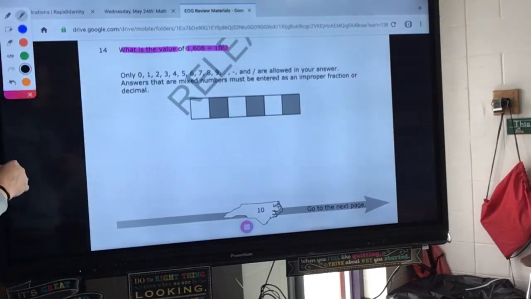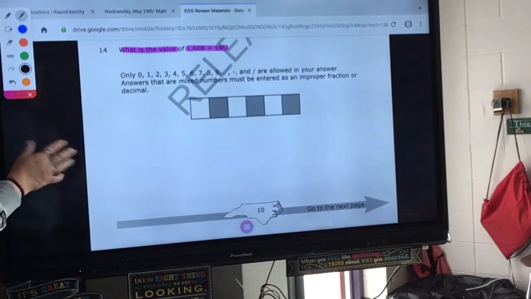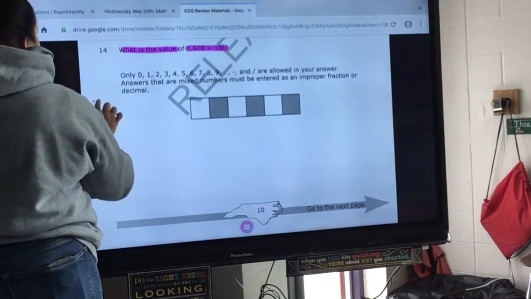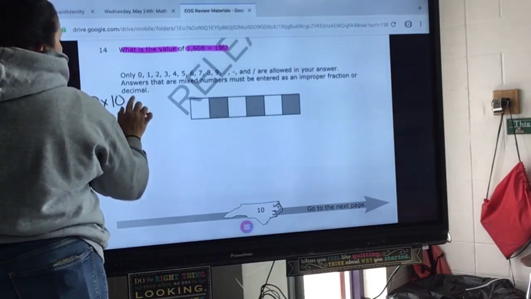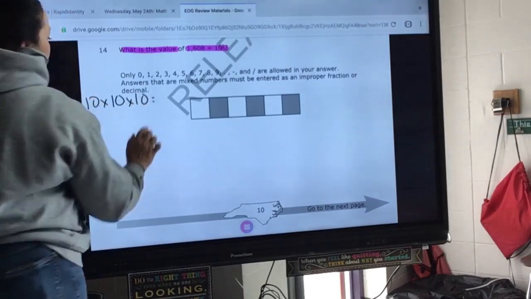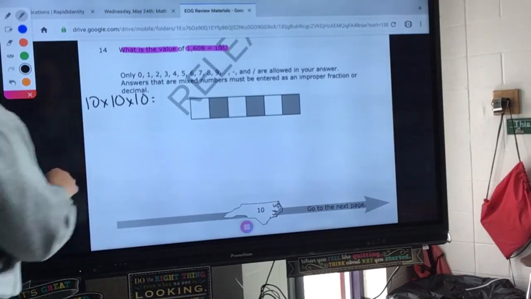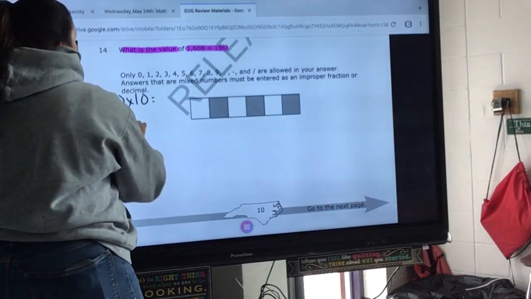There are no parentheses. The exponent. So we're going to do 10 times 10 times 10, which gives us what? You just put a 1 and how many zeros? 3. All right, so now you know that this equals 1,000.